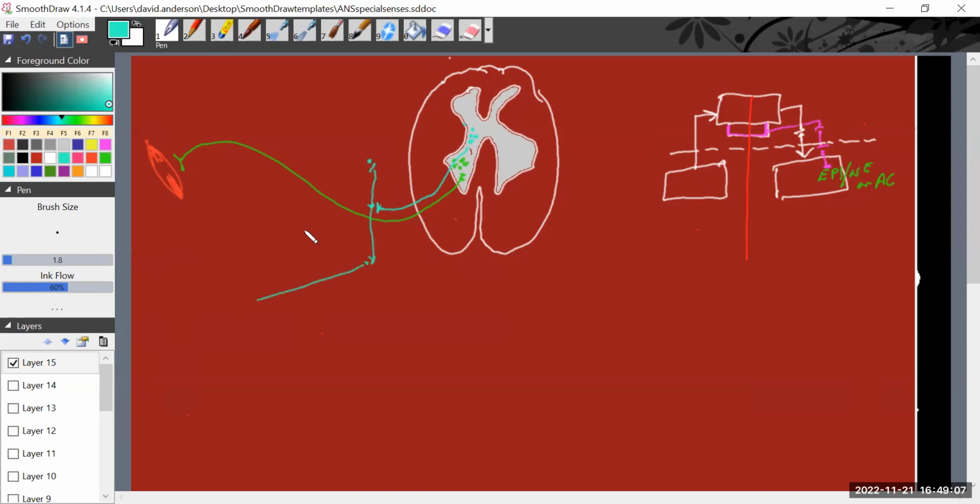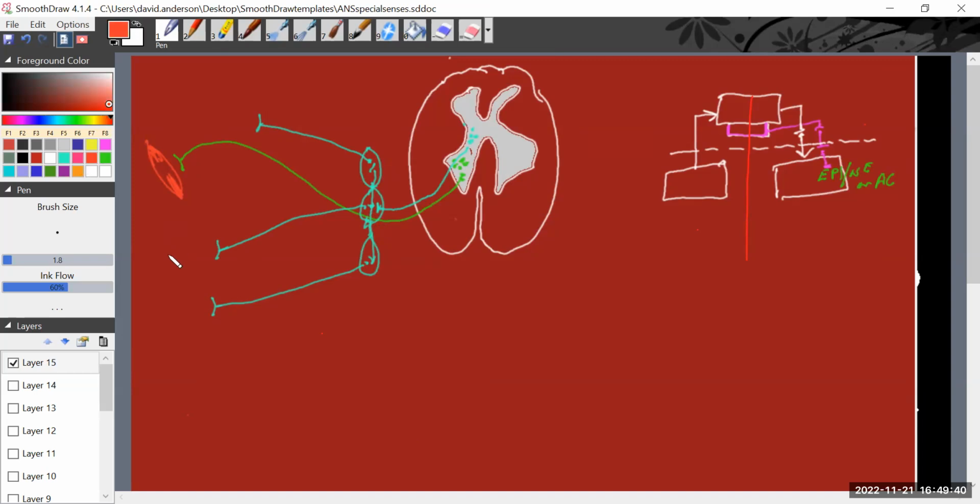And then they travel to their targets, which are going to be smooth muscle, cardiac muscle, glands, or adipose tissue. So these end up being the sympathetic ganglion chains up and down the thoracolumbar parts of the spinal cord.